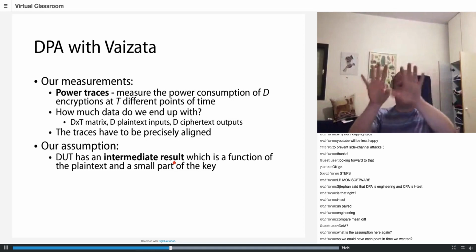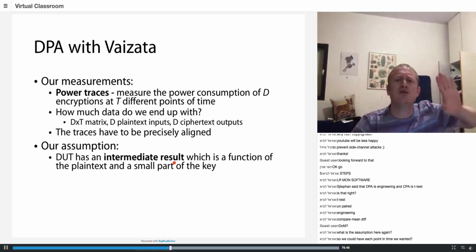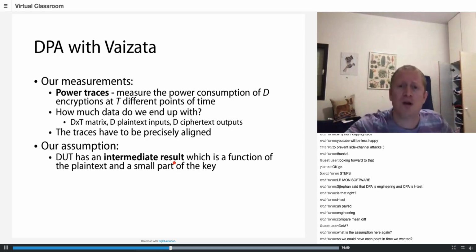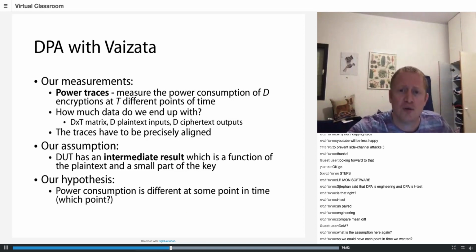With CPA, we could have said something smarter, but I'm just going to say it depends in some way. So because of this assumption, we're going to say that there's going to be somewhere in this huge trace some point in time where the power consumption depends on our key guess.